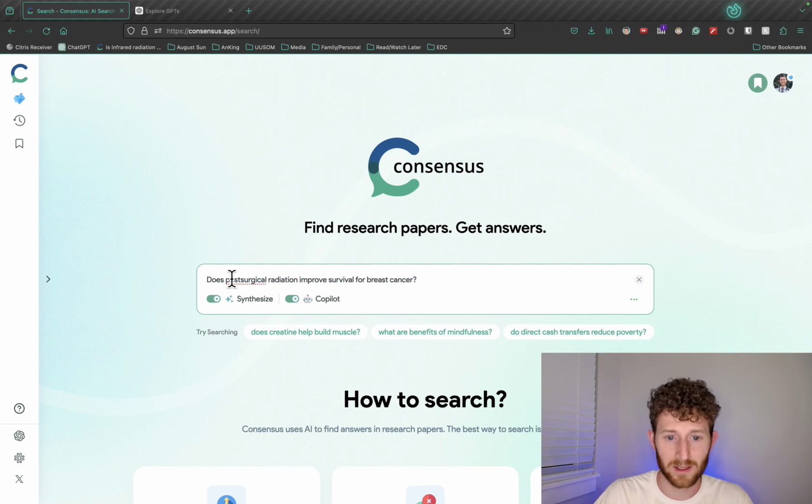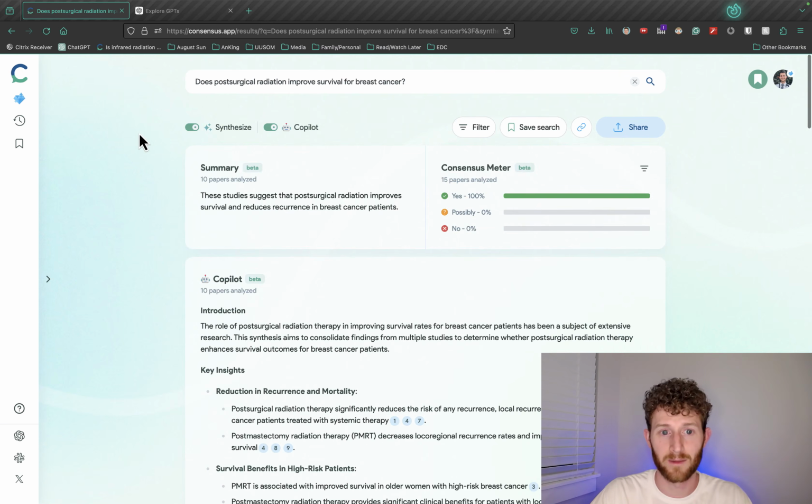So if you are saying that you want to recommend a patient to get radiation after they've had a surgical resection of their breast cancer, you should be prepared to say why you feel confident with that answer.